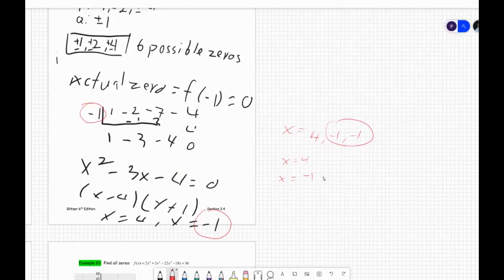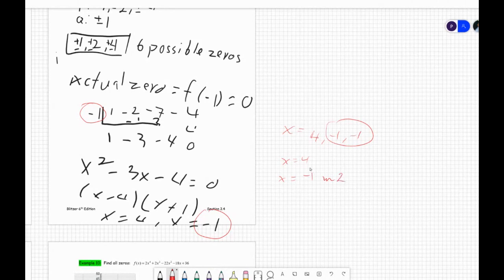Okay, so here -1 occurs twice. So your zeros are 4, -1, -1. So this -1 here happened twice. So we say that this -1 here has a multiplicity of 2. So we say x equals 4, x equals -1 with a multiplicity of 2.